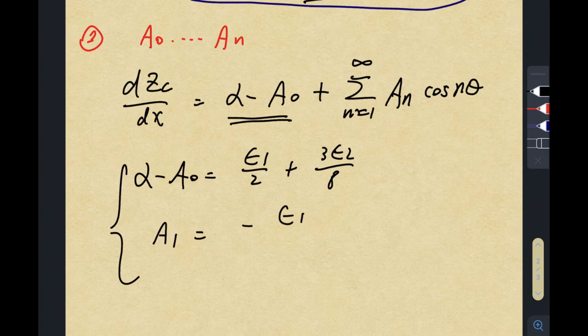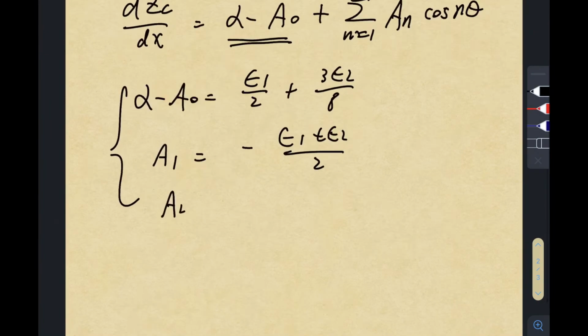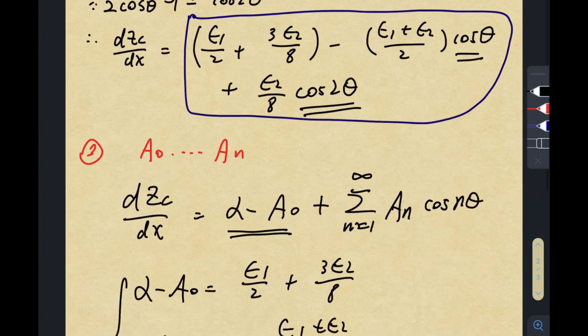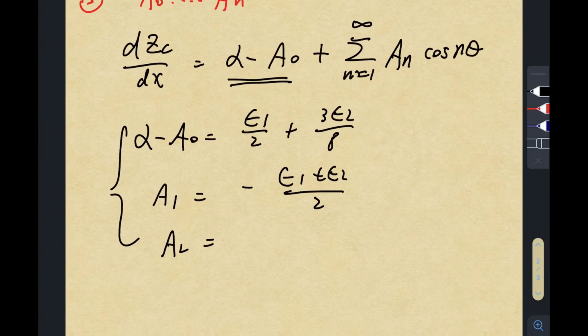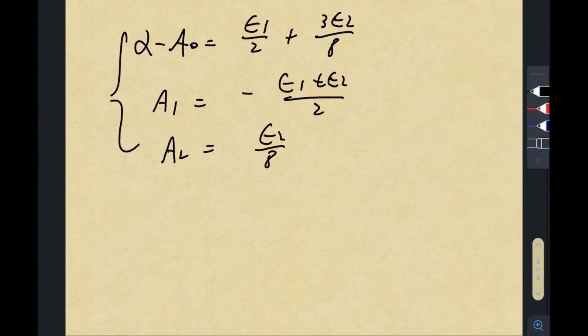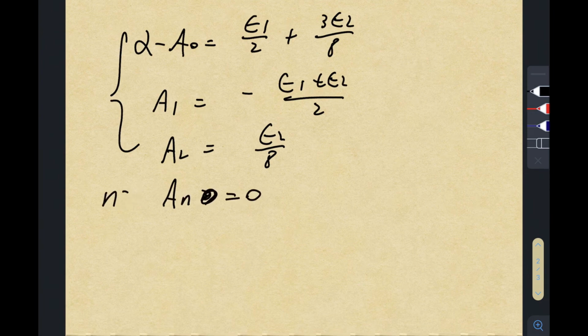A1 equals minus epsilon 1 plus epsilon 2 divided by 2, and A2 is epsilon 2 divided by 8. Great. So for n larger than 2, An is going to be 0.